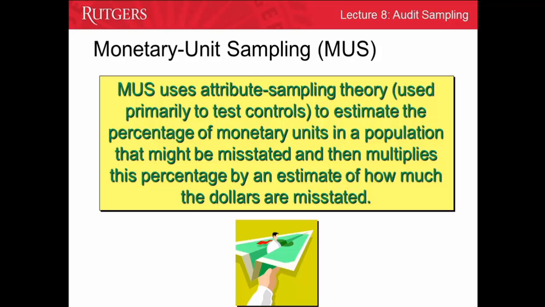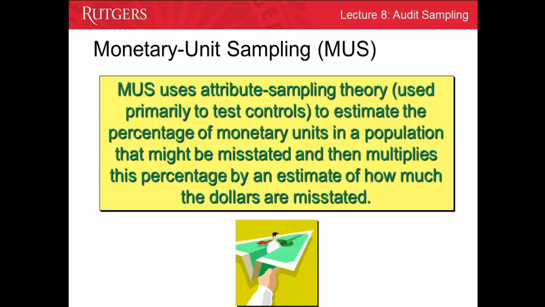So generally speaking, the basic underlying concepts of MUS are straightforward. MUS uses attribute sampling theory to estimate the percentage of monetary units in a population that might be misstated, and then multiplies this percentage by an estimate of how much the dollars are misstated.